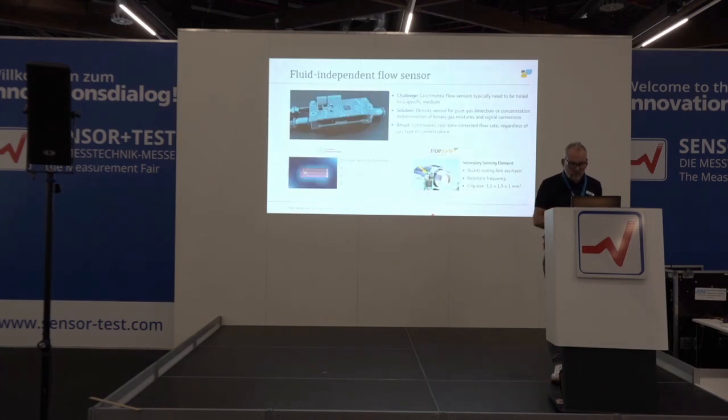So, fluid independent thermal gas flow sensor. What's the challenge? A calorimetric flow sensor typically needs to be tuned to a specific gas. So the calibration is different if you use another gas. So our solution is to combine this thermal gas flow sensor with one of our density sensors.